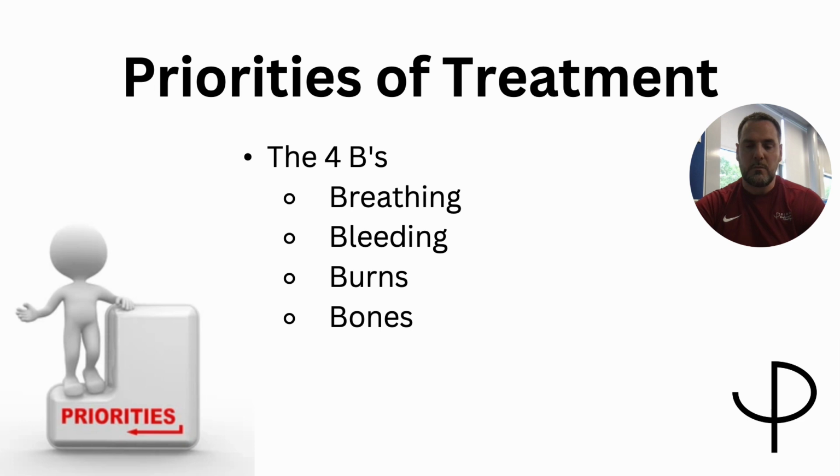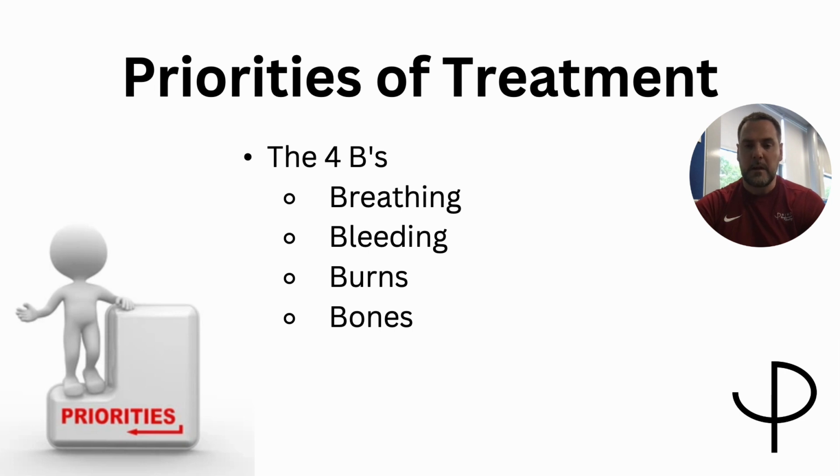So in that situation, we have a difficult decision to make, where we approach and deal with the bleeding casualty first, stem bleeding, then we deal with the one who's not breathing. The burns and bones then depends on the type of context and environment that we work in. So in a sports context, for example, then bones would be our next priority in terms of fractures, and burns are less likely, so they would come after that.